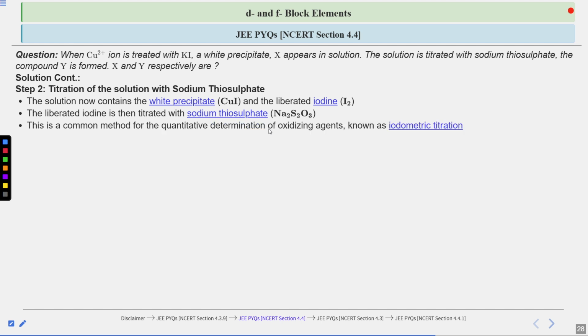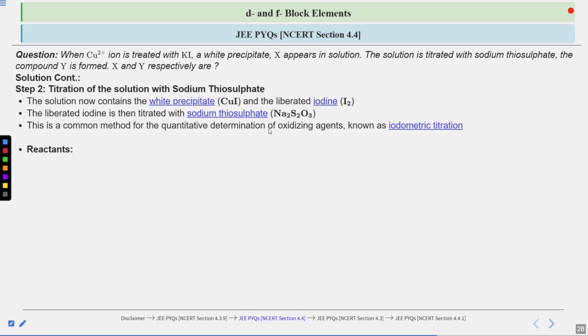This is a common method for the quantitative determination of oxidizing agents, which is known as iodometric titration.